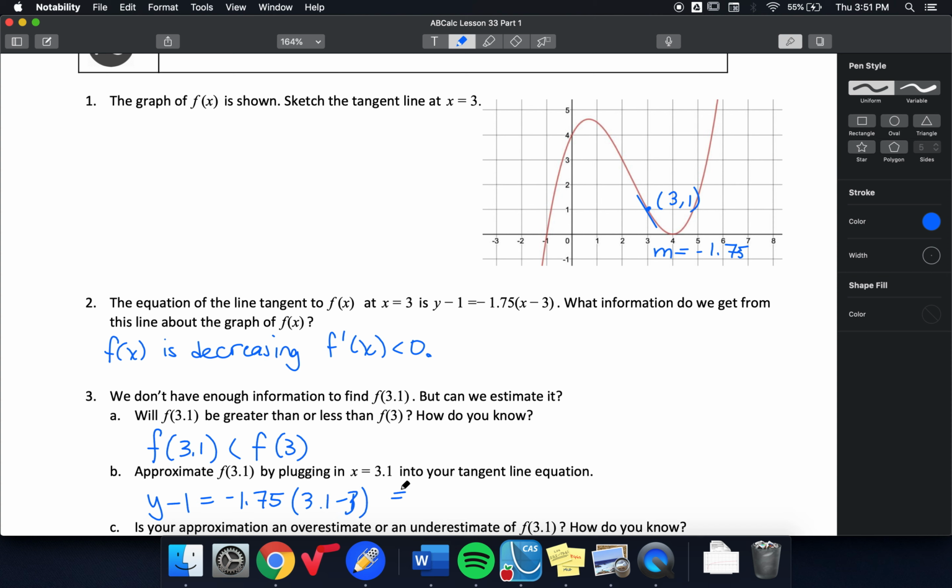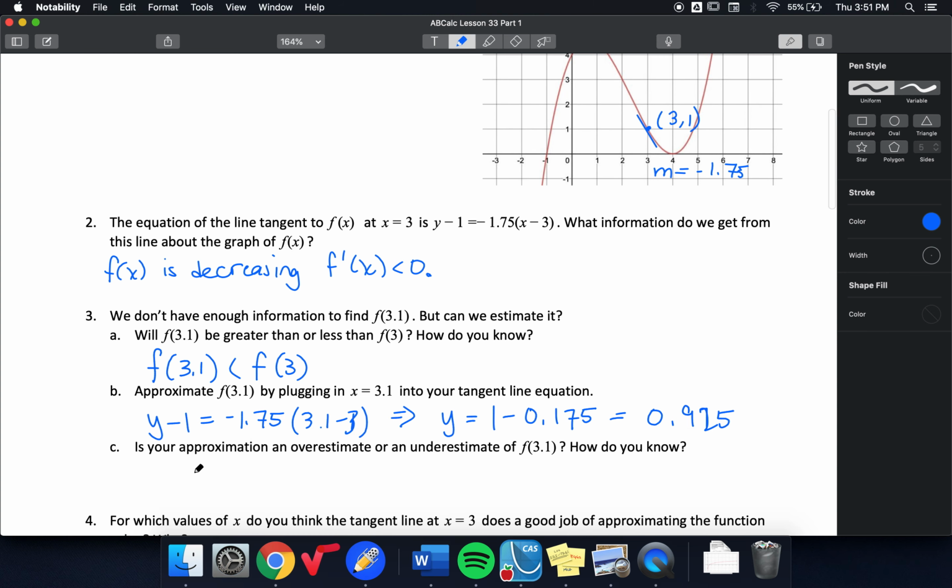So 3.1 minus 3 is 0.1. When I multiply that, I'll get negative 0.175. So 1 minus 0.175, which is going to be 0.825. So it is less than the value 1.